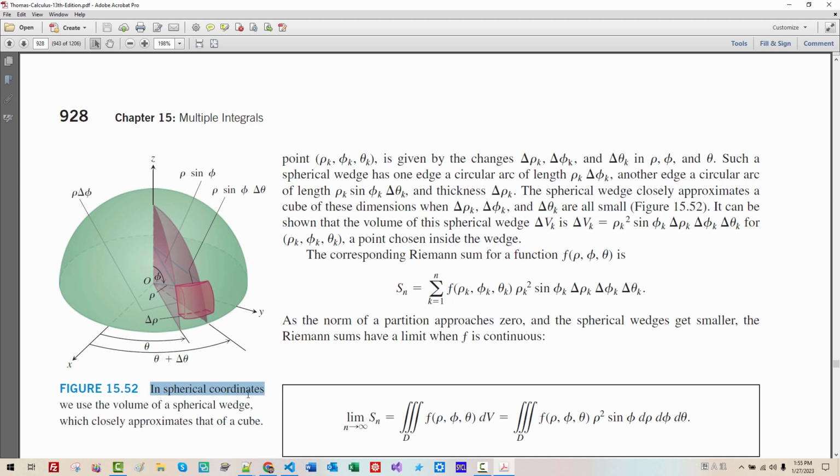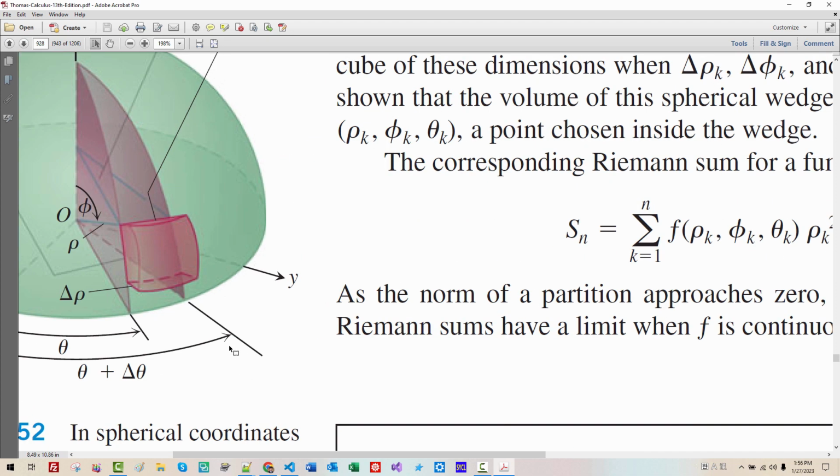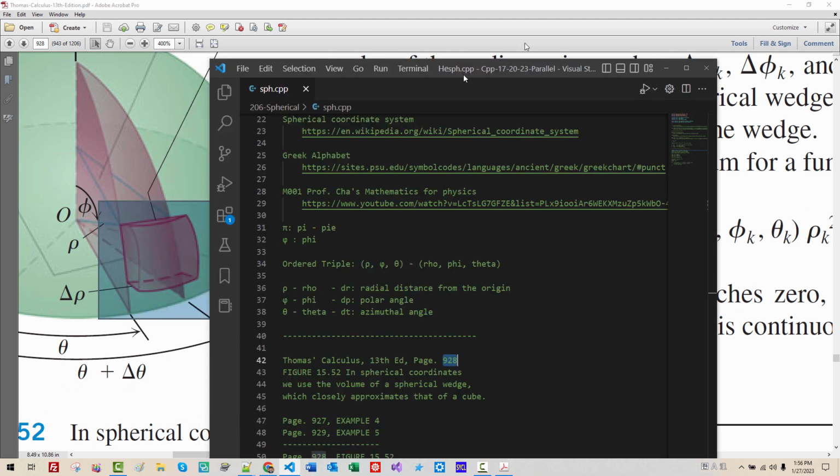In spherical coordinates, we use the volume of a spherical wedge, which closely approximates that of a cube. So I view this wedge as a cube.